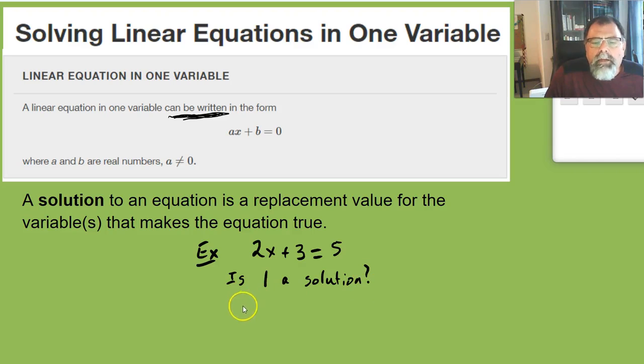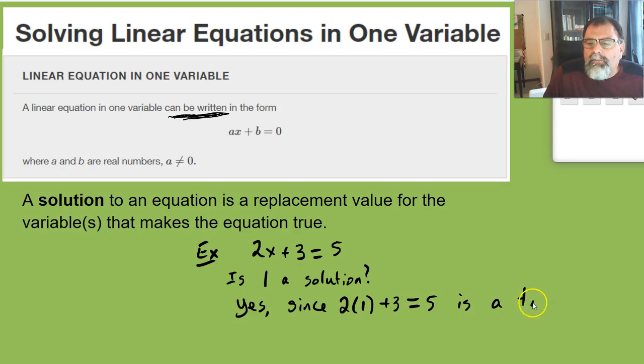And the answer is yes, since 2 times 1 plus 3 equals 5 is a true statement. So 1 is a solution to that equation.